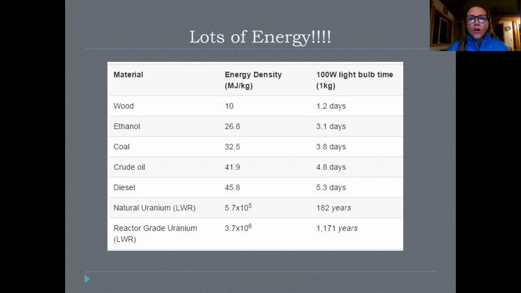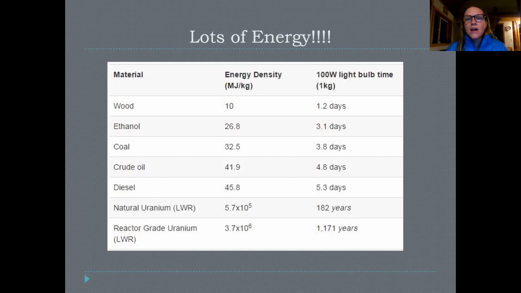So how long could 1 kilogram of each of these materials create energy to keep a 100 watt light bulb on in your home? Well, a kilogram, about 2 pounds of wood, could burn a light bulb for 1.2 days, ethanol 3.1 days, coal 3.8 days, crude 4.8 days, diesel a little over 5 days, natural uranium 182 years, reactor grade uranium over 1,000 years.